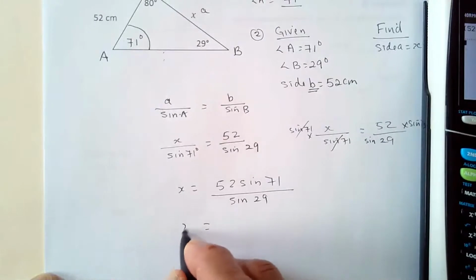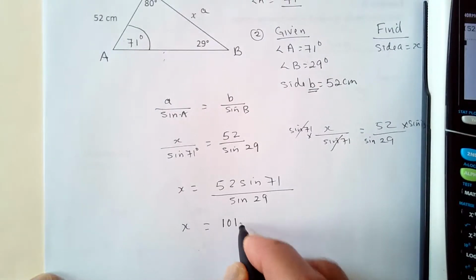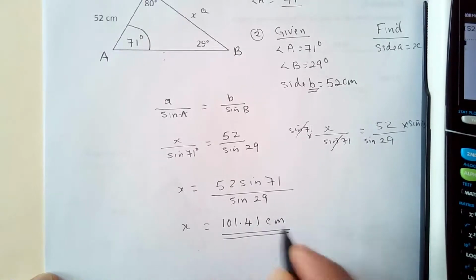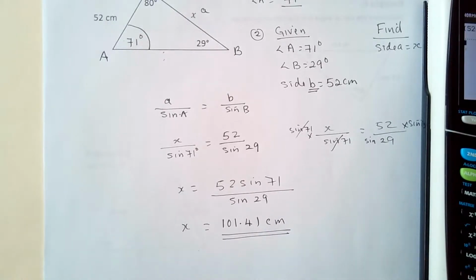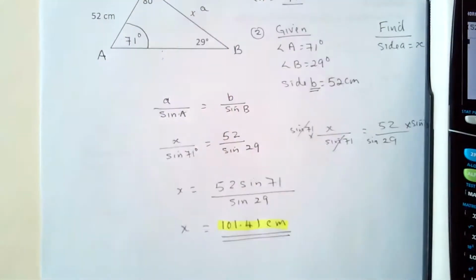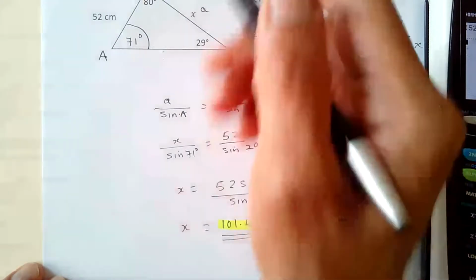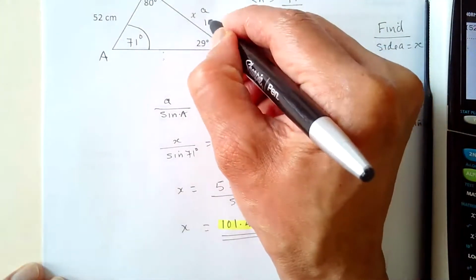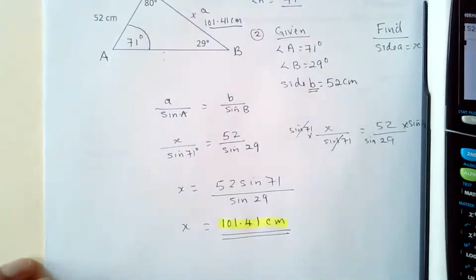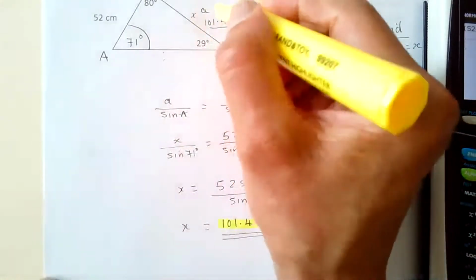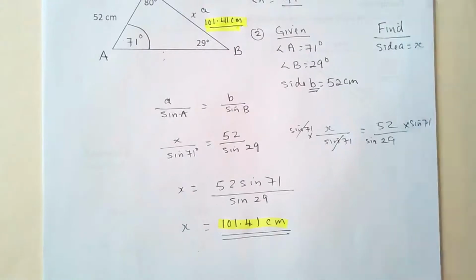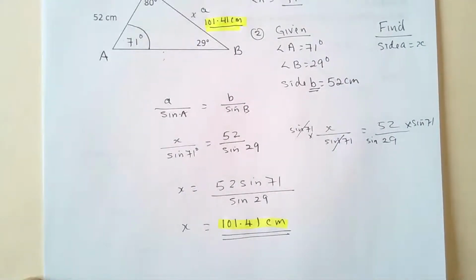So X is 101.41 centimeters. So X is 101.41 cm. So we'll highlight that. Okay, so that's your third example.